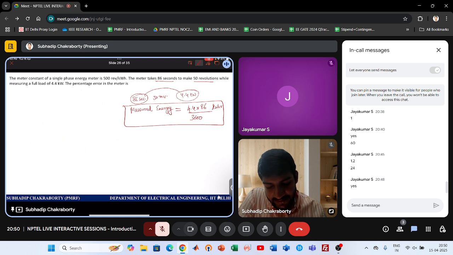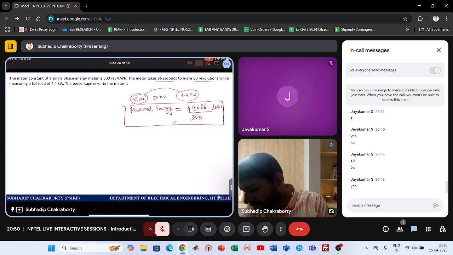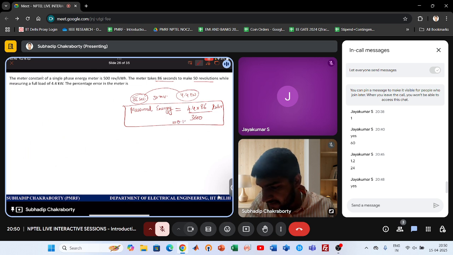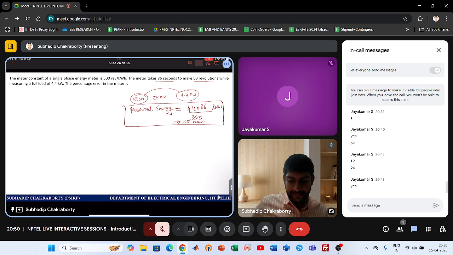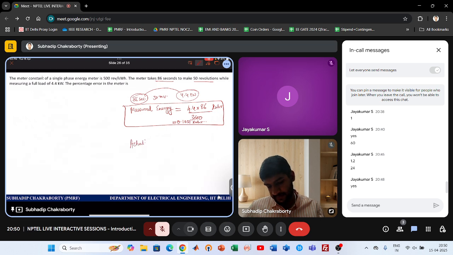Now you have to check if this is true or not. From the energy meter constant, first let us see how much it is telling us. 0.1051 kilowatt hour. This much units is what the energy meter is telling us. But what should be actual? You know that 500 revolutions for 1 kilowatt hour it should do.